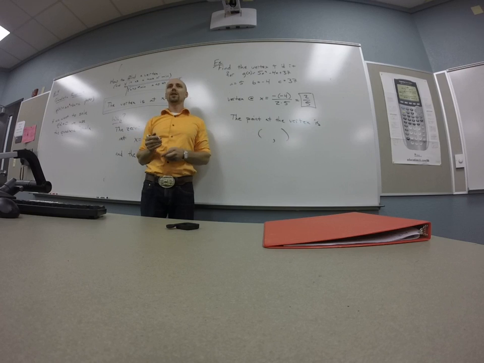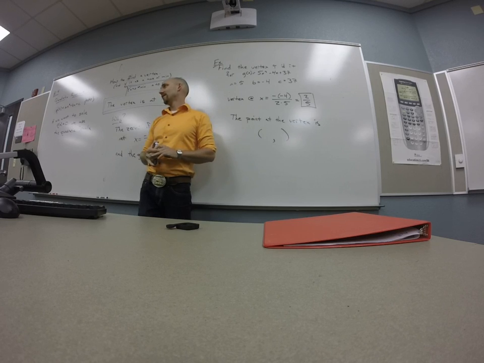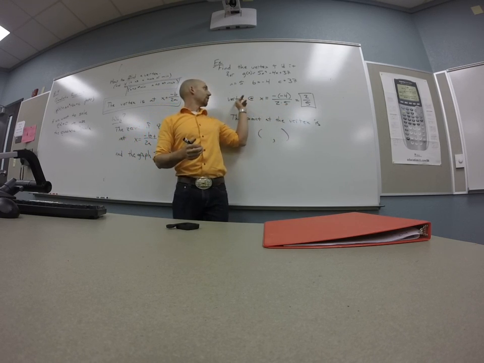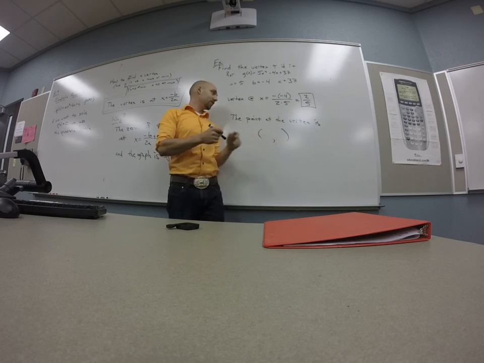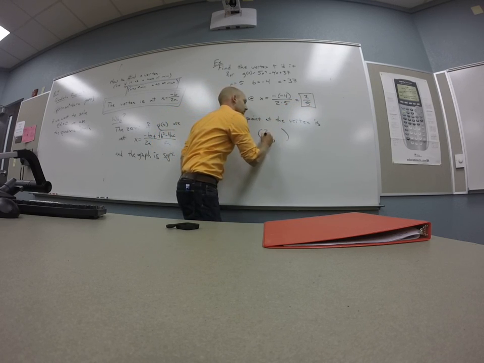Okay, what's the point at the vertex? What's the x value for the point at the vertex? 2/5. Okay, see that? The vertex is at x equals 2/5, so x had better be 2/5 for the point of the vertex.